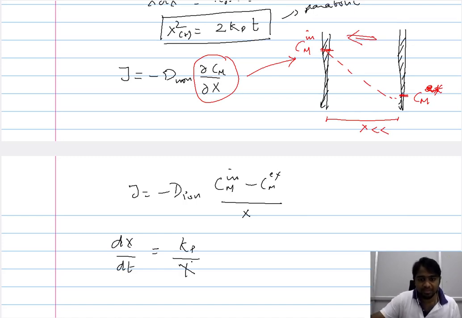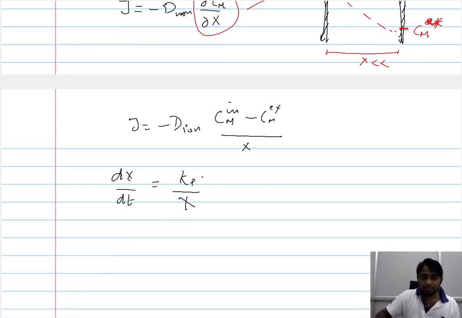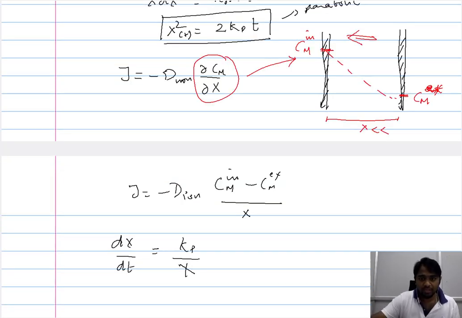So this is where we began our discussion on the parabolic oxidation rate. What we have in the parabolic oxidation rate is that the overall oxidation rate depends on the rate at which the ions migrate within the metal oxide region. Within the metal oxide region, the migration we have expressed in terms of flux.